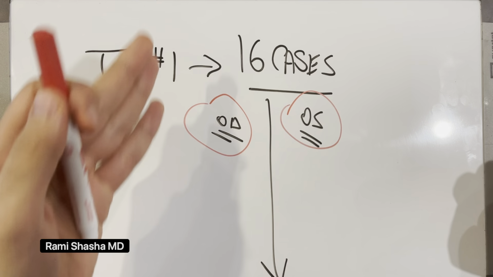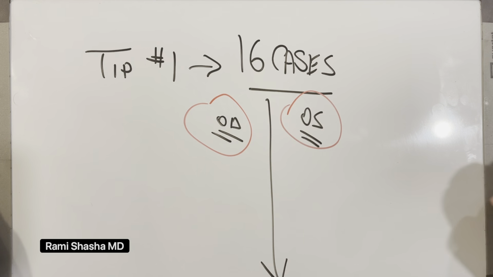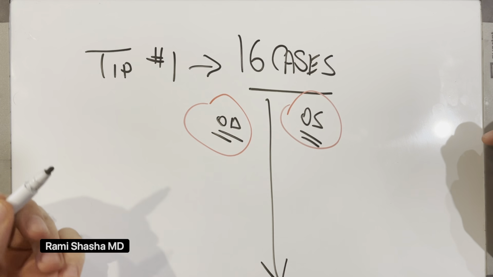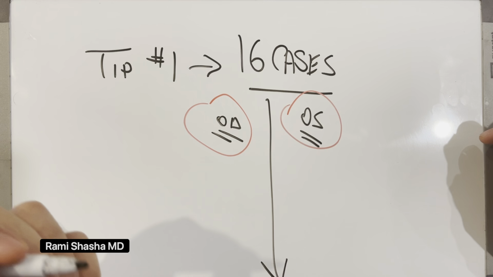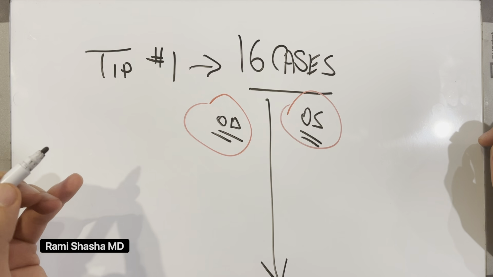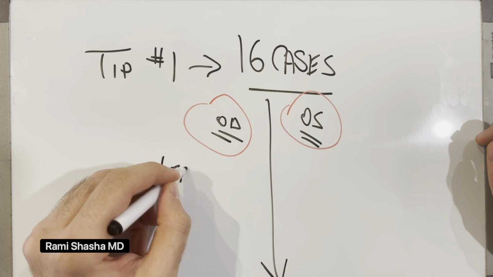What is the benefit of having all right eye days, all left eye days? Well, you will appreciate it, and the nursing staff will appreciate it, and your admin staff will appreciate it as well. From a surgeon standpoint, there's less risk of error.